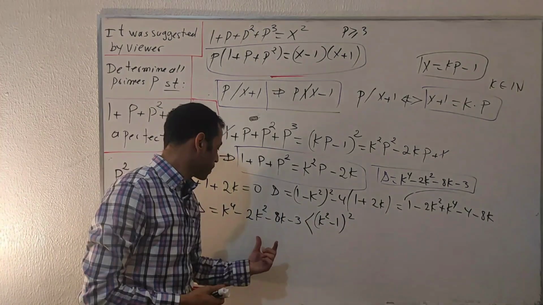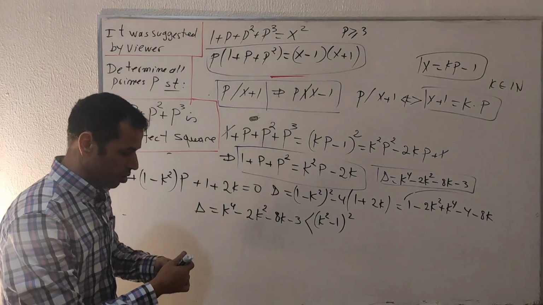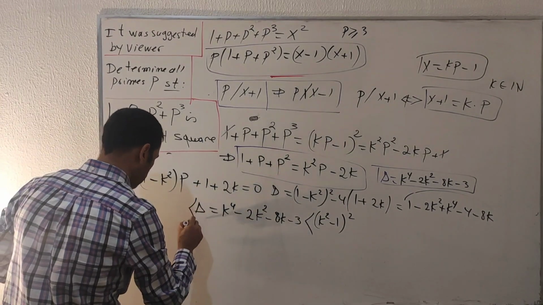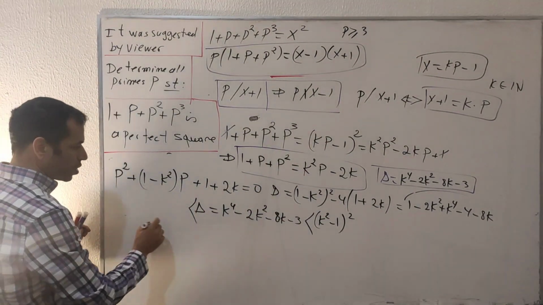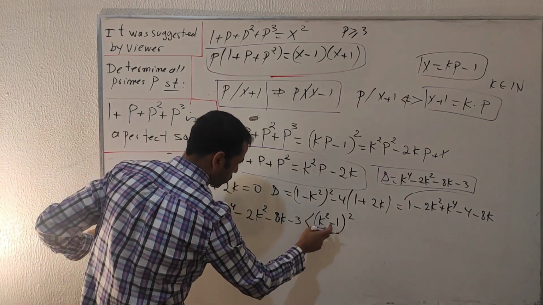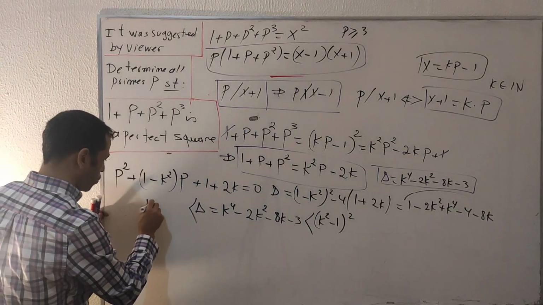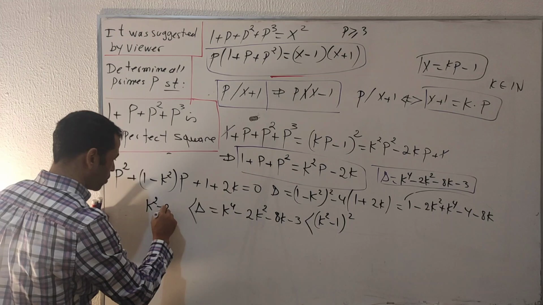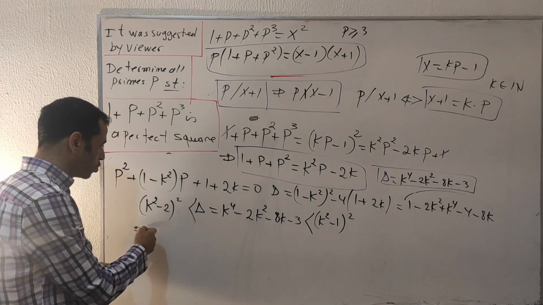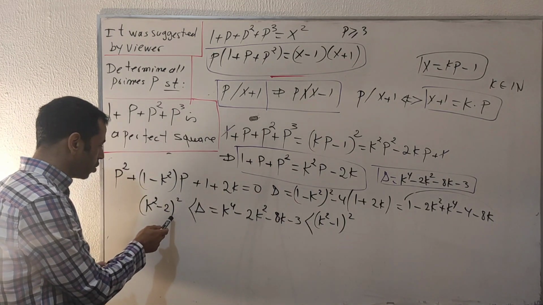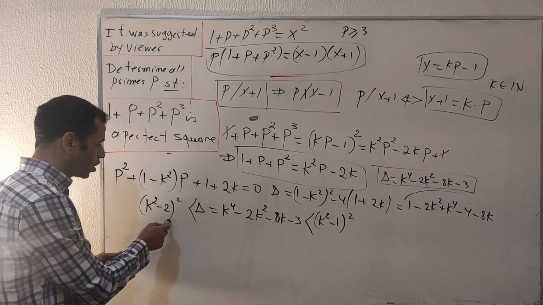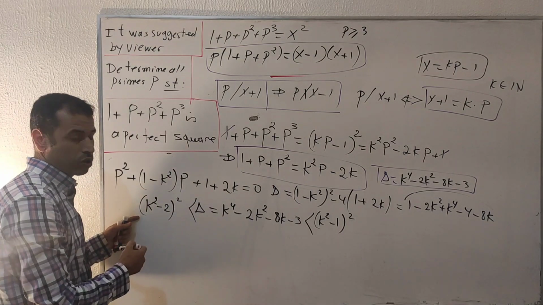But now we are going to check the other side, the left side of this inequality. I'm going to create a number which is less than delta, let's put it (q squared minus 2) quantity squared. Now we check which condition on k makes this inequality hold.